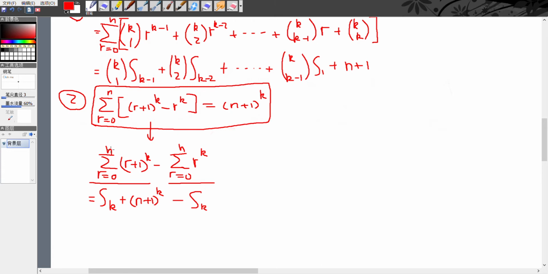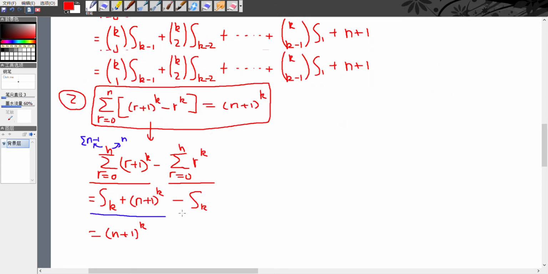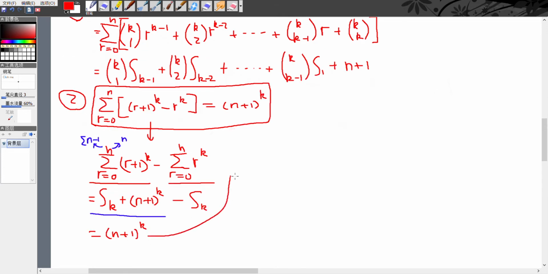The reason is just to separate the sum into n minus 1 and n, and you will have the result right here. And by eliminating Sk, we will have (n plus 1) to the k.